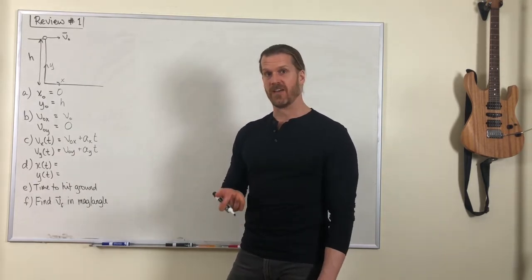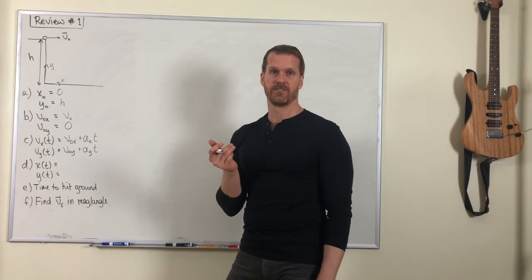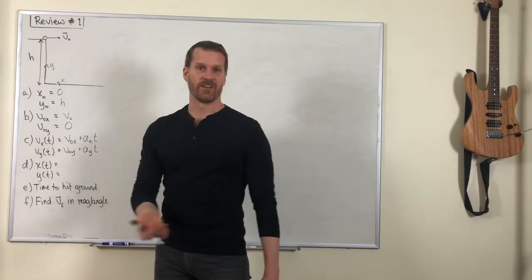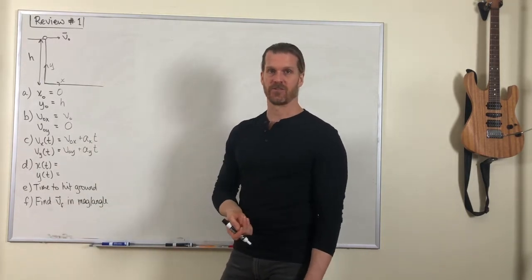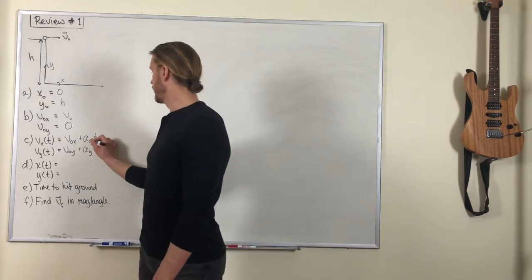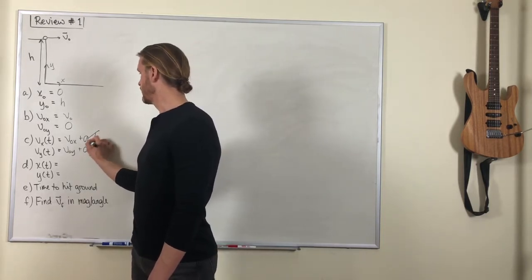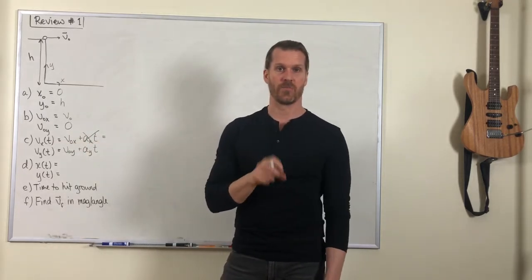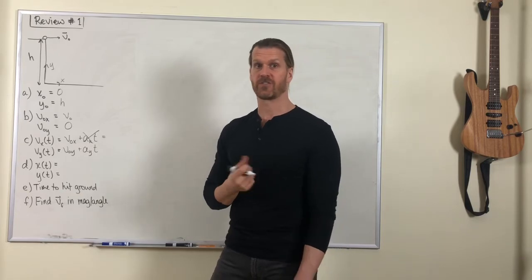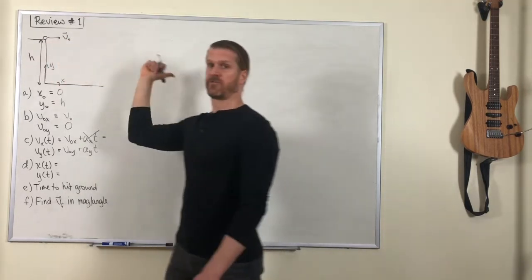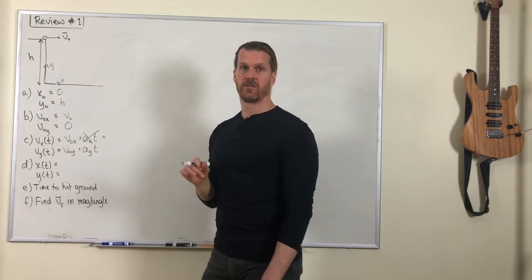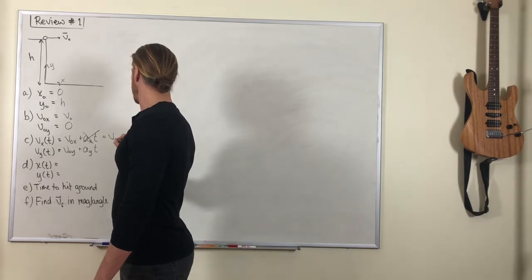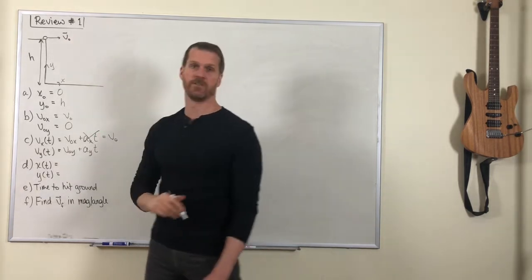But keep in mind that in the x direction, there's no acceleration. That's ignoring air resistance or any other forces that might occur. We're assuming they don't exist in this scenario. So the x acceleration is 0, and that term goes away. And we find that the velocity component in the x direction is constant. This rock or stone is going to travel at a constant speed horizontally the whole time. So that equals v0, which is the initial speed that was given to you.